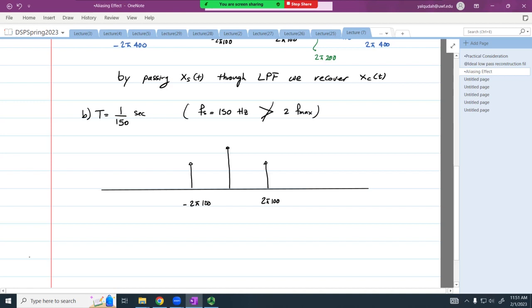I have to take this shape and center it here. If I do that, where am I going to have the components? 2 pi 50, excellent. I'm going to get a component at 2 pi 50.